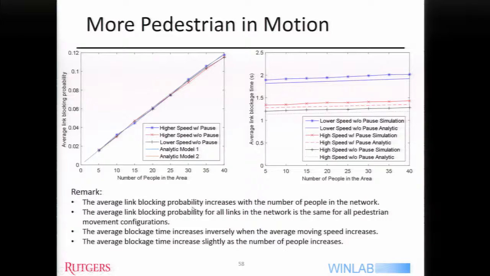The average blockage time decreases when the average moving speed increases: if people move faster, the link will be blocked for a shorter time. Also, the average link blockage time increases slightly as the number of people in the network increases, but the slope is not as high as for the link blocking probability. So it's kind of flat. This is quite an interesting result.